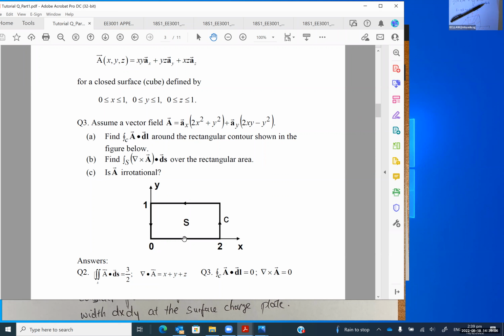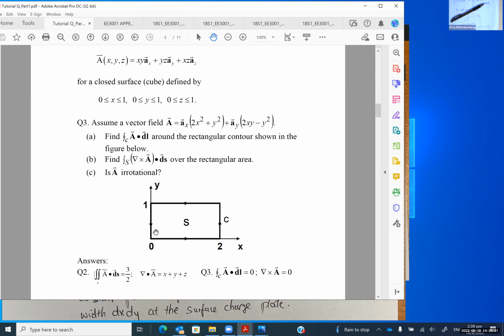So therefore this has got four segments. This, and this to complete the closed loop contour. So this one, what's the direction? You can see it's AX, right? And the length you travel, of course, is 2. This one is AY, right? And then this is minus AX, right? This is minus AY, right? Eventually come back there.